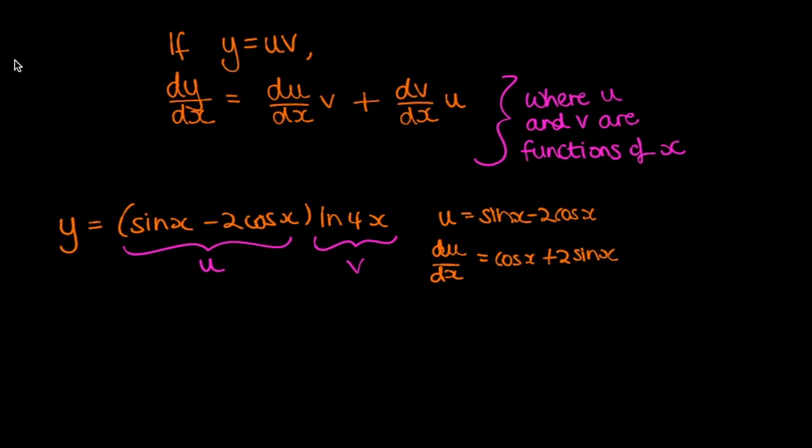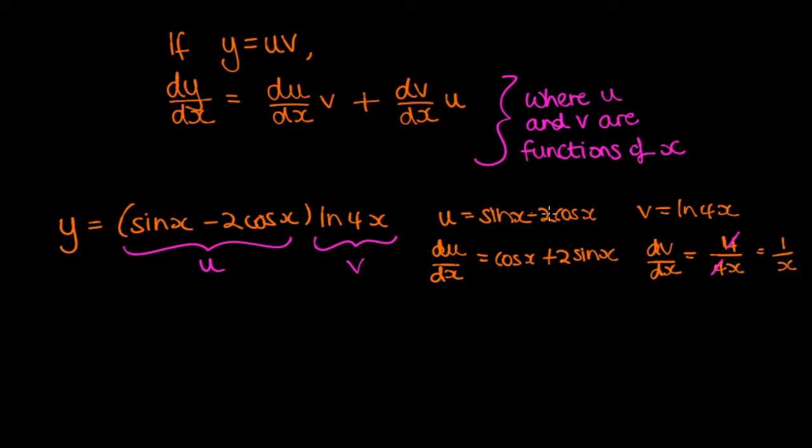And for v, we have ln 4x. So dv by dx is 1 over 4x multiplied by the inner derivative, which is the derivative of 4x, which is 4. So 4's can cancel, and we just get 1 over x.